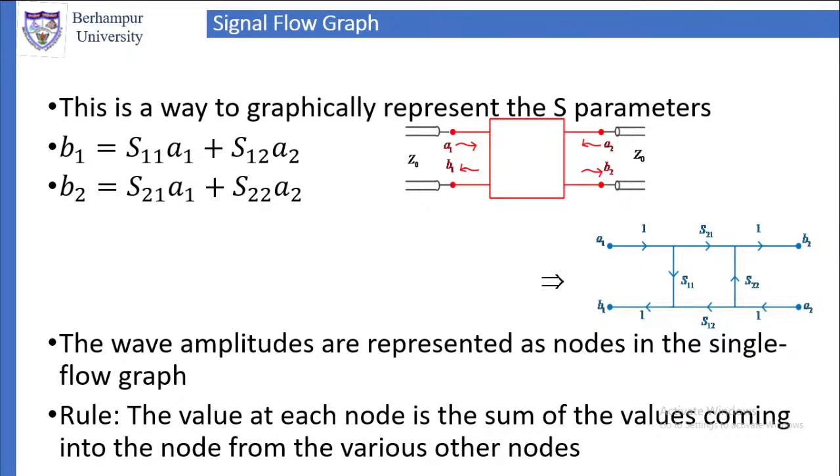From the nodes, the power is going. So from node 1, it goes to the junction. At the junction, it gets divided: if it goes to port 2, it is S21. So it goes to port 2 from 1. Then if it is coming back, then it is S11, so it comes back to B1. Similarly for B2 or A2. So this way you represent this. The rule is the value at each node is the sum of values coming into the node from the various other nodes. Using this, you can always draw a signal flow graph.